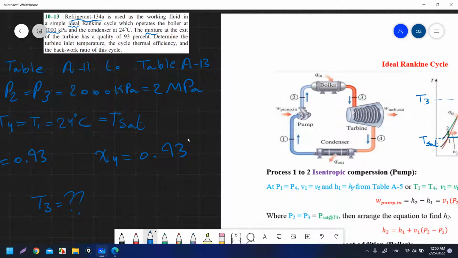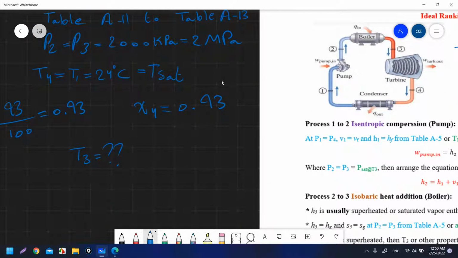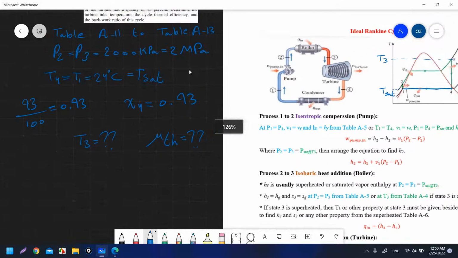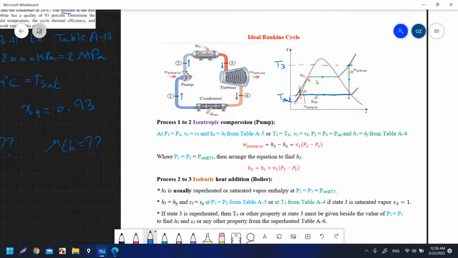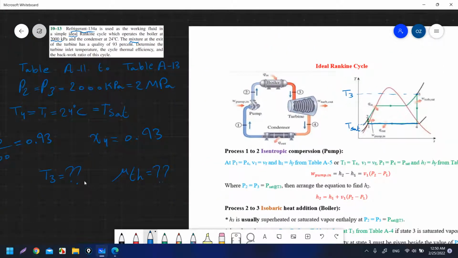And the thermal efficiency of the cycle. When he asks about thermal efficiency, it means you need every enthalpy inside the cycle. So H1, H2, H3, H4, you want to find the enthalpy at each state.